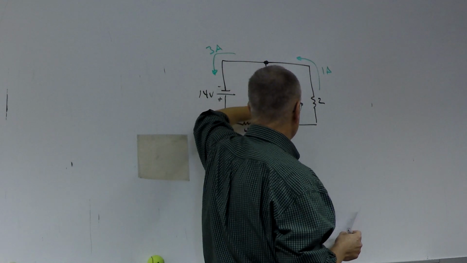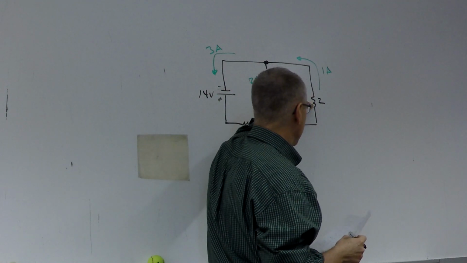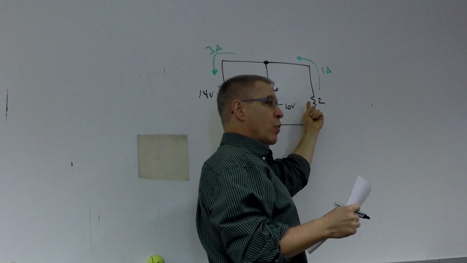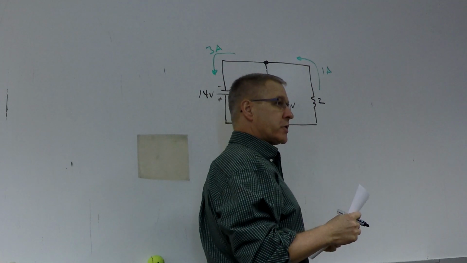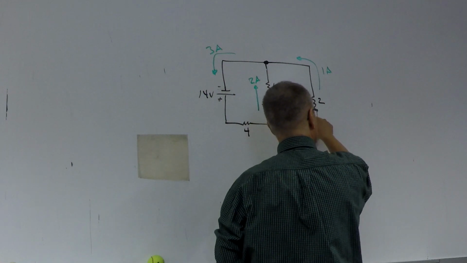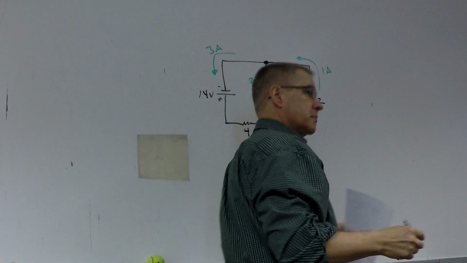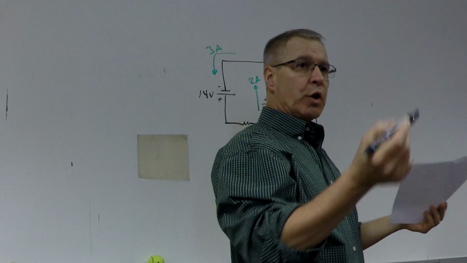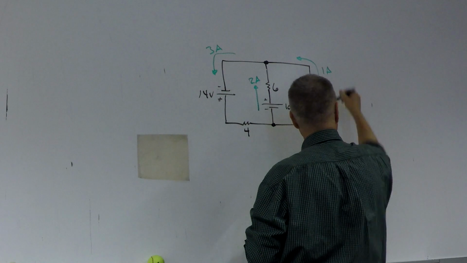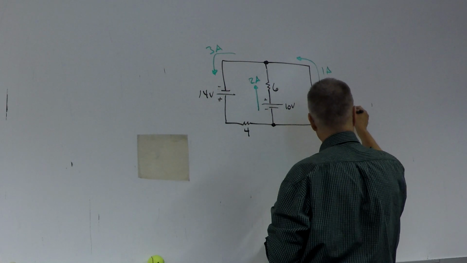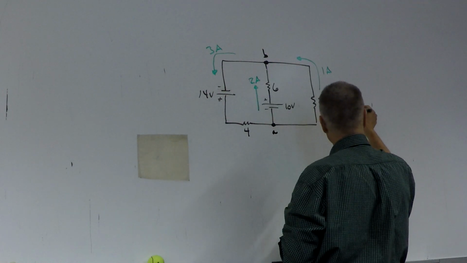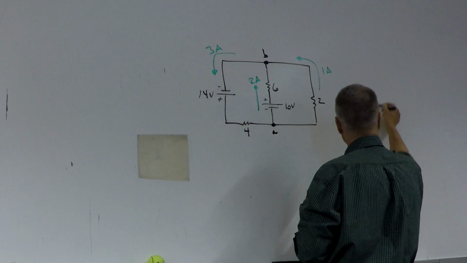Well, the only thing I have between my 2 points going that way is one resistor here. I'm going the same way as the current is, and so what is the potential difference that happens as I cross that one? It's negative because we're going the same way the current goes, and it's that resistor times that current. So if I go this way, I find out that the change in the potential between, it's called A and B, is minus 2 volts.